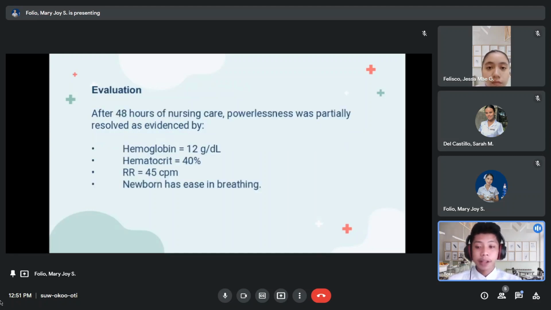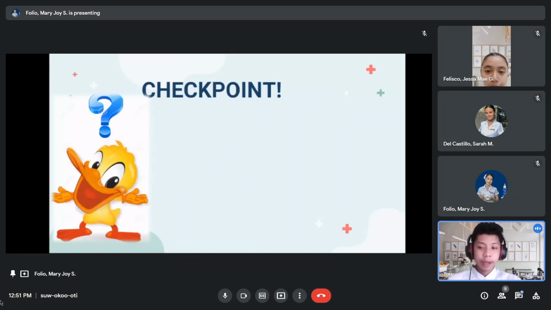So, upon evaluation after 48 hours of nursing care, impaired gas exchange was partially resolved as evidenced by hemoglobin being back to 12 grams per deciliter, hematocrit level within 40%, respiratory rate within 45 cycles per minute, and the newborn has ease in breathing.